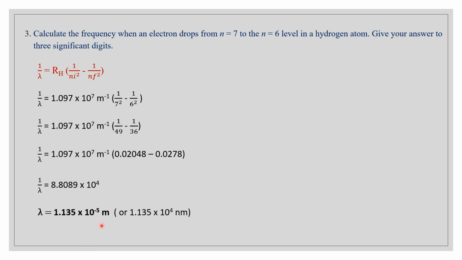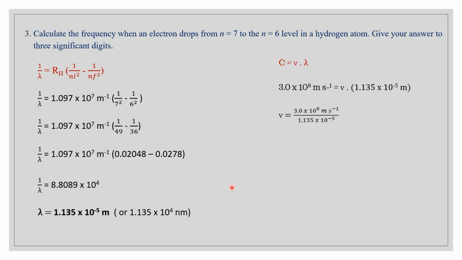This is the wavelength. But the question says we need to calculate the frequency. Then how can we calculate frequency from the wavelength? Applying this equation, c is equal to nu times lambda. Nu is the frequency, lambda is the wavelength, c is the speed of light. So the speed of light, 3.0 times 10 to the power 8 meters per second, is equal to nu, the frequency, times lambda, which we already calculated here.